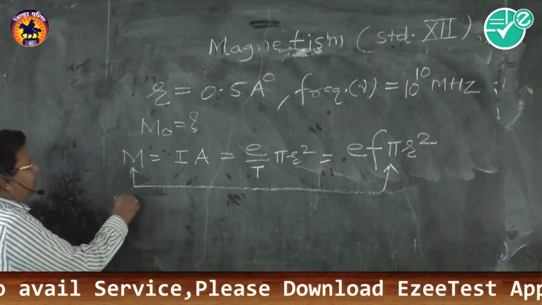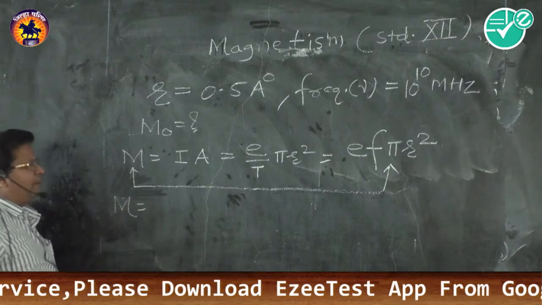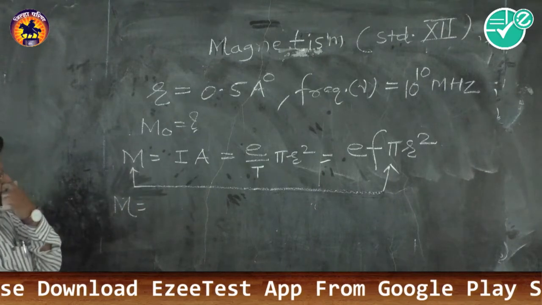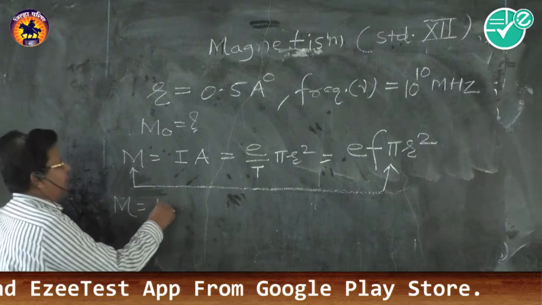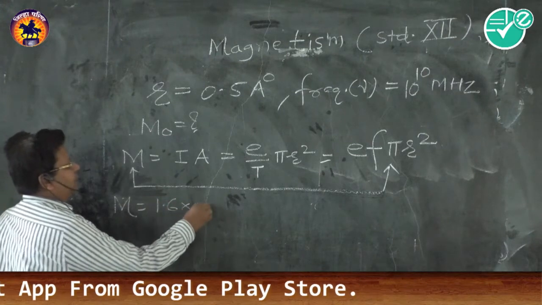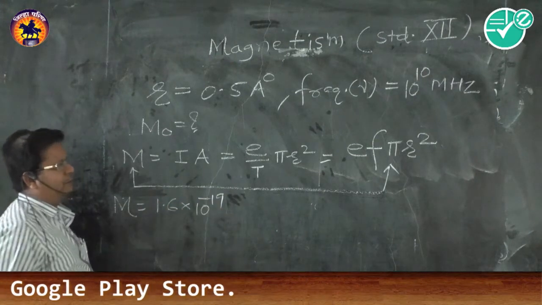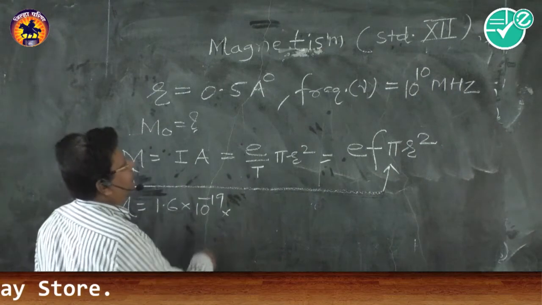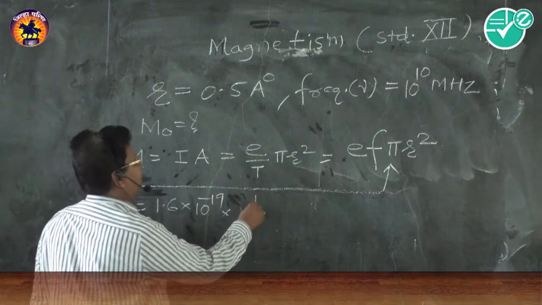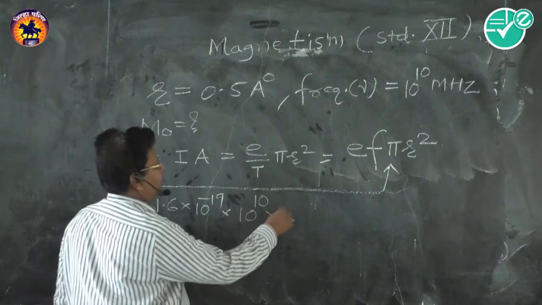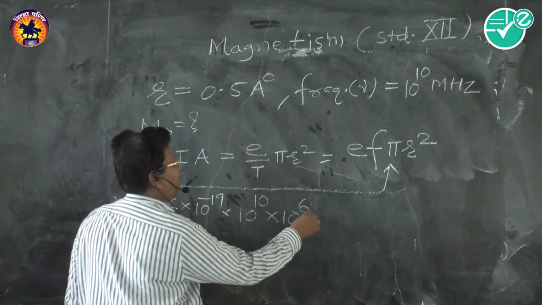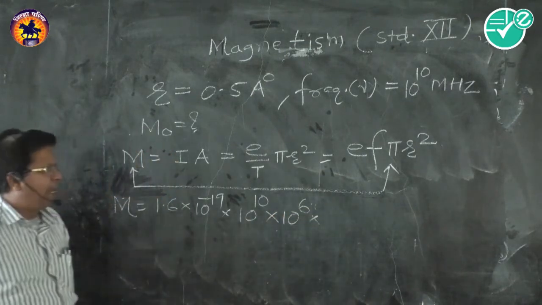So if we substitute the values, the magnetic dipole moment becomes M is equal to 1.6 into 10 to the power minus 19, into frequency, which is 10 to the power 10 megahertz, that means again into 10 to the power 6.